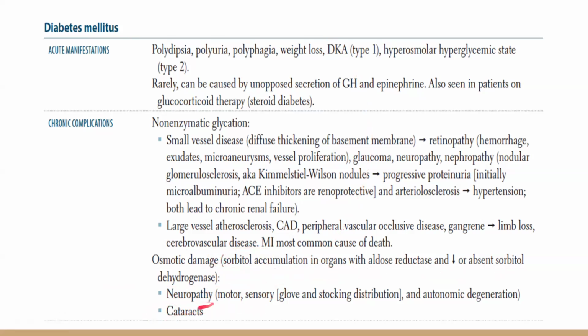There's something called distal axonopathy here, but as a first year, just think about it like this: hands and feet are affected. You have sensory loss, so you can't feel stuff in your hands and feet.